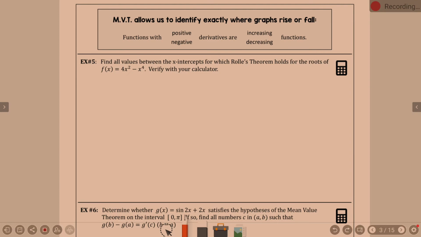Okay, so if we're getting ready to talk about Rolle's theorem, we should probably ask ourselves what question? Yeah, is this continuous and differentiable?